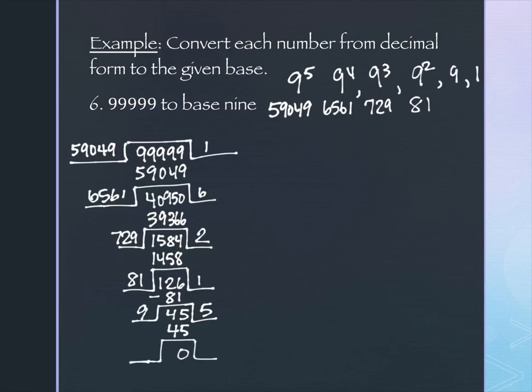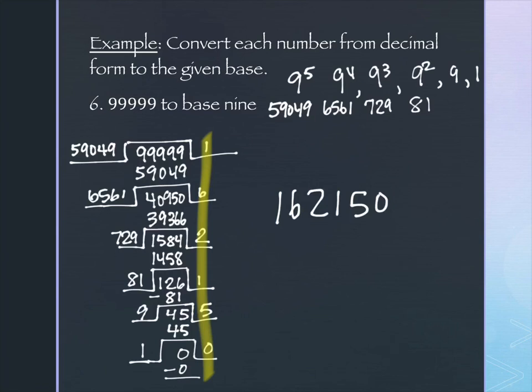Am I done? No. I still need to divide by 1, which goes in, of course, 0 times. And the answer to the question is right here. 162150. And I need to write the subscript base 9 next to it.